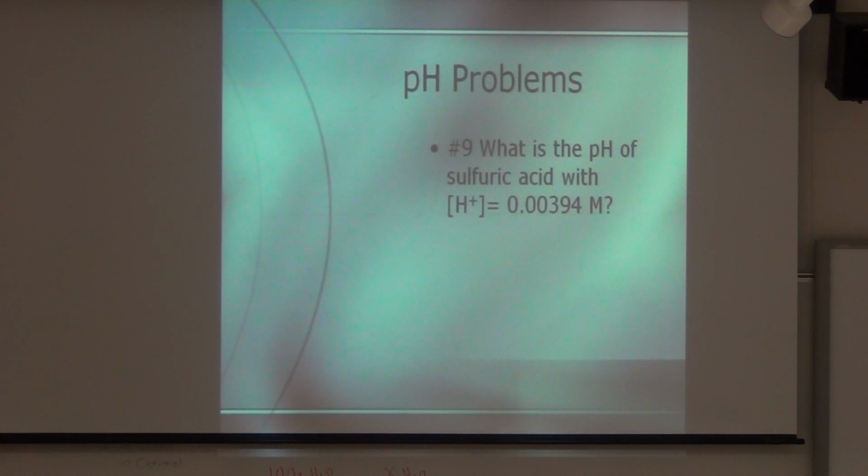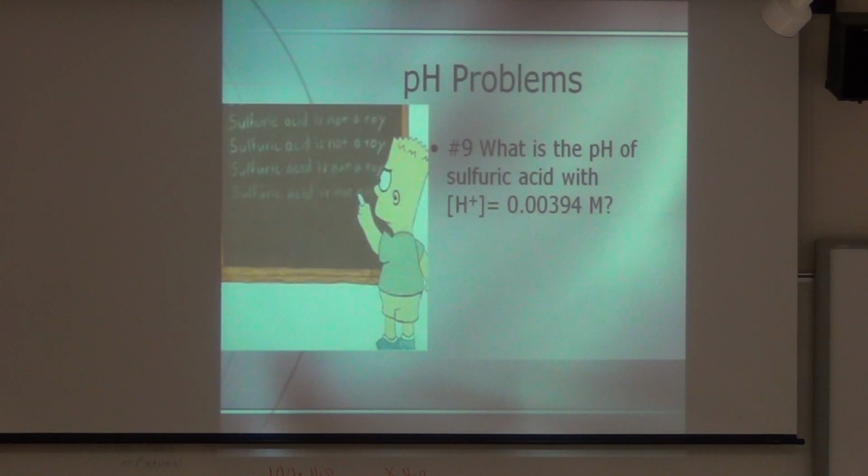pH of sulfuric acid with a concentration of 0.00394. Depending on which calculator you have, what I'm describing for how to enter it may be a little bit different.